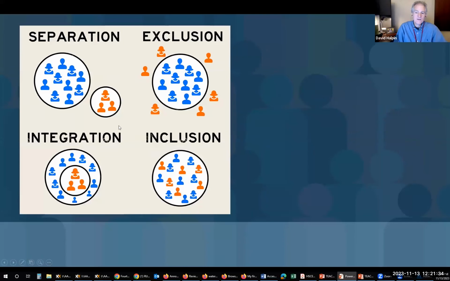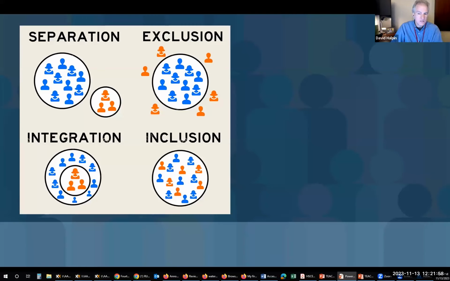Now, here's some related terms you may be familiar with. Separation in the top left, to me, is similar to segregation, where a certain group of others is set aside from the main group. And next is exclusion, which is when you leave certain people out of your little bubble. You're not segregating them, you're just leaving them out.